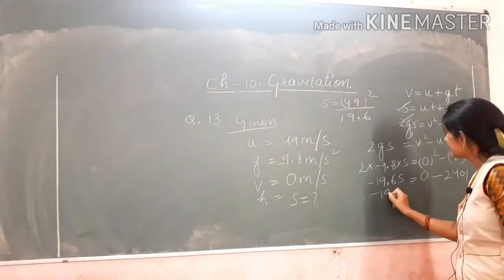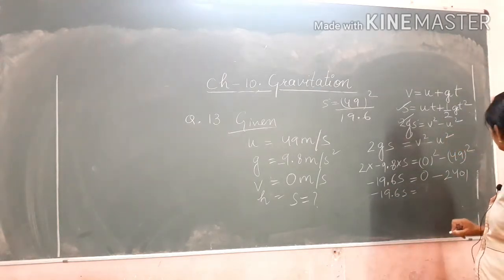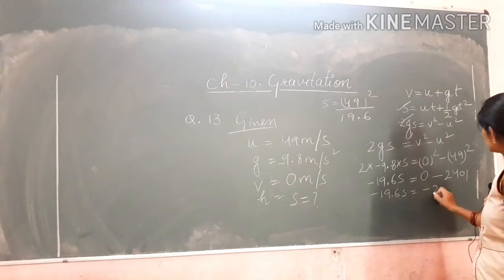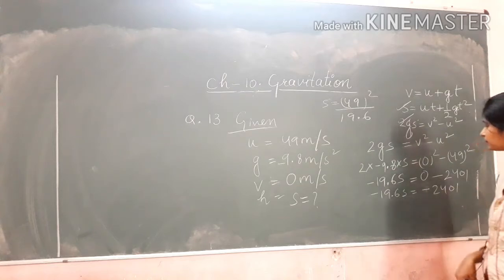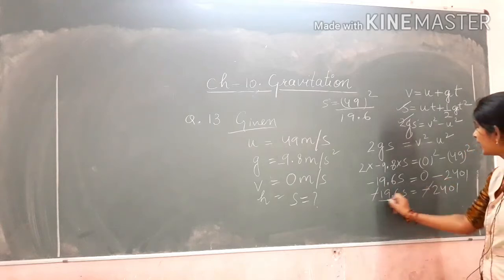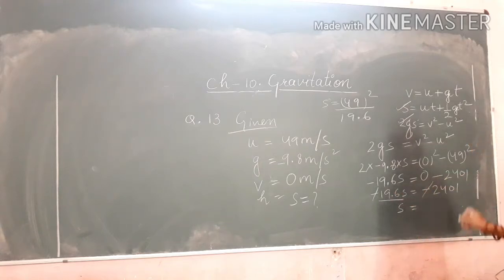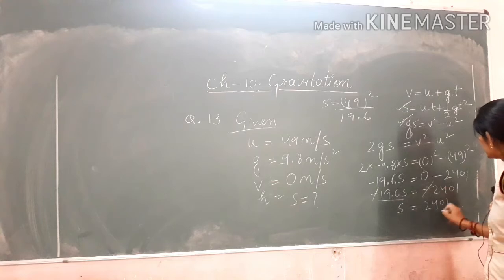Now minus 19.6 s is equal to 0 minus 2401, minus 2401. Cancel minus with minus. Now 19.6 is getting multiplied by s. When it is transferred from left to right, it will divide 2401.